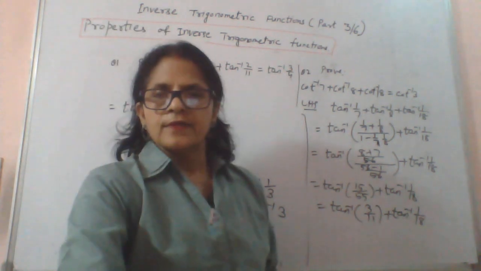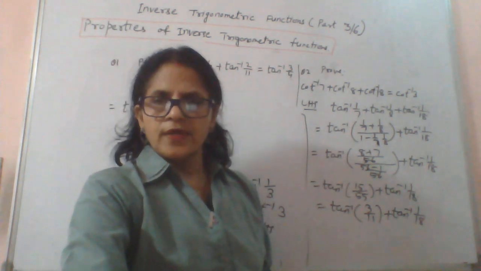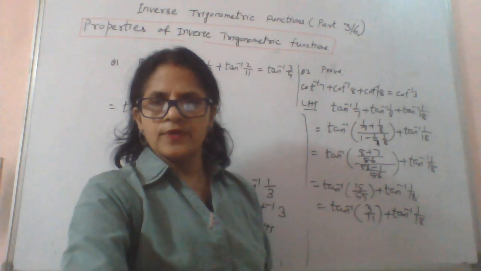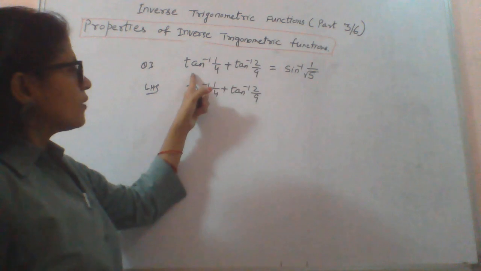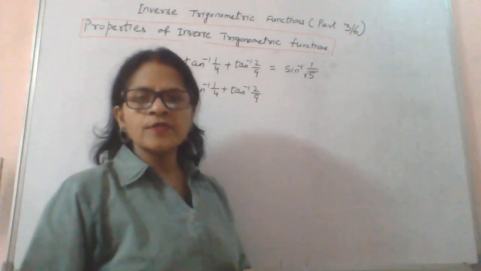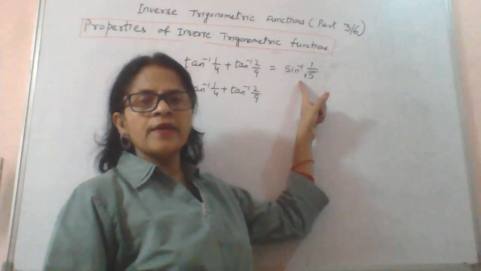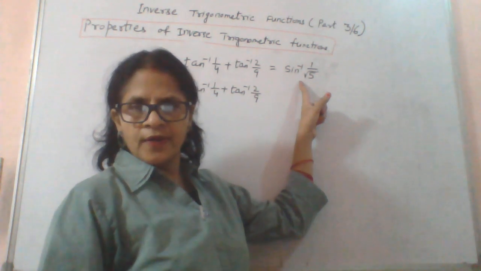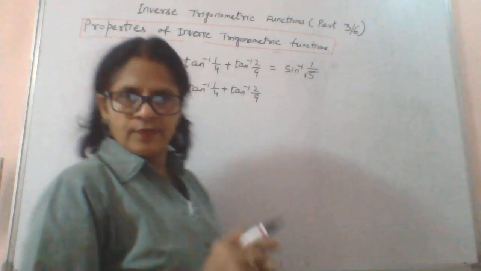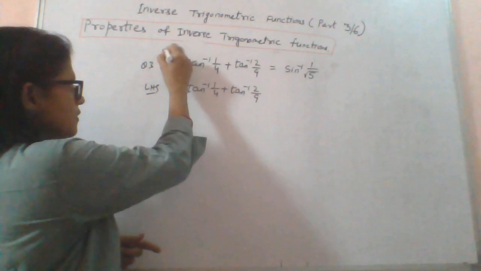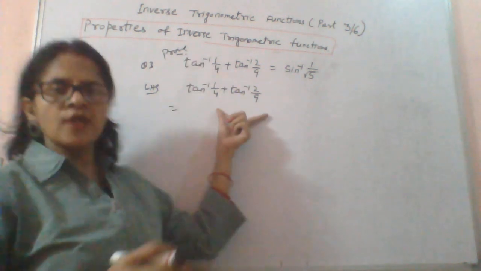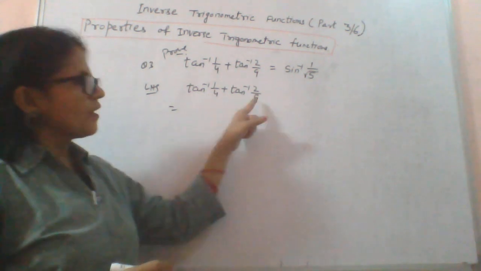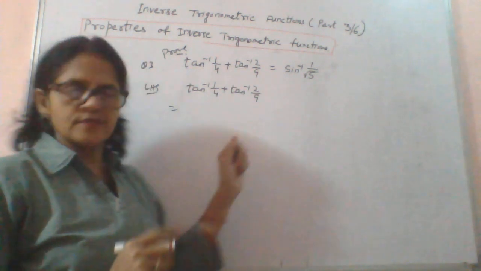Okay. So next, one question we can take. We have time. One question we can accommodate. So see this question. Tan inverse 1 by 4 plus tan inverse 2 by 9 equals sin inverse 1 by root 5. Right? Here tan and sin, so a bit different from the previous question. Prove this. So tan inverse x plus tan inverse y. First check x into y less than 1. Yes.